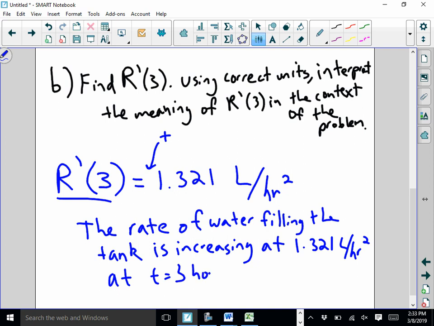I always want to reference this number here, just like we want to reference the numbers on a definite integral. Okay?